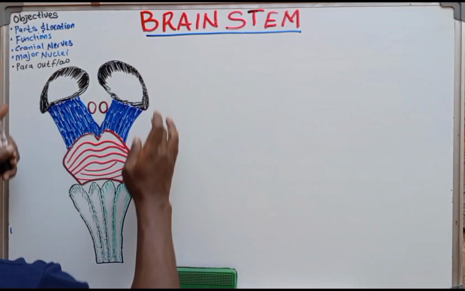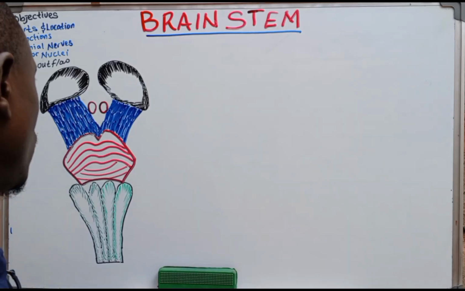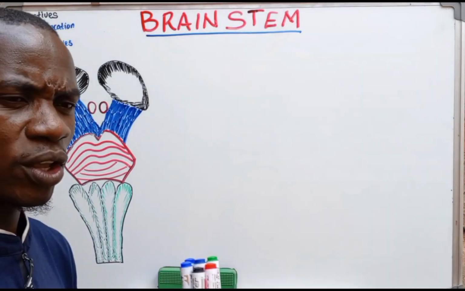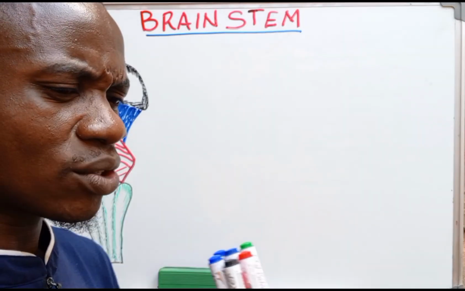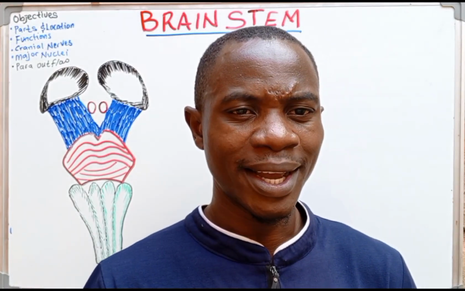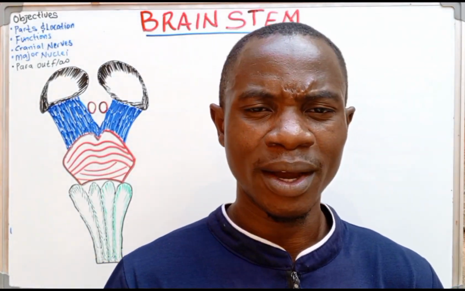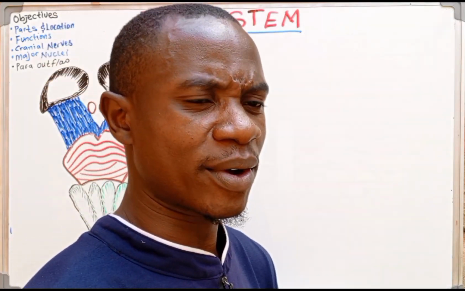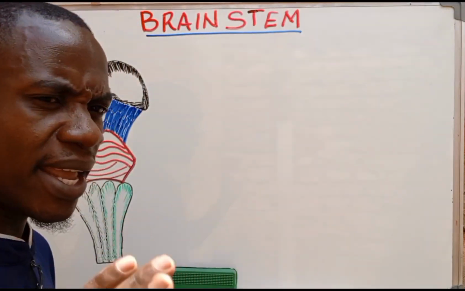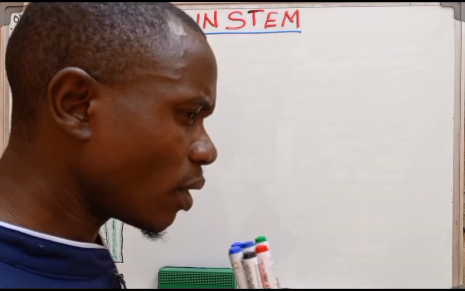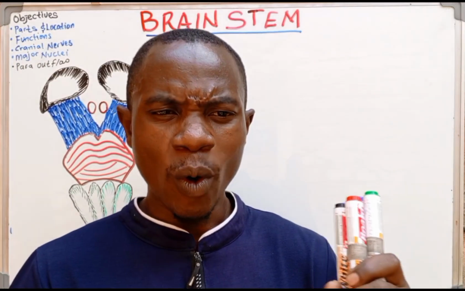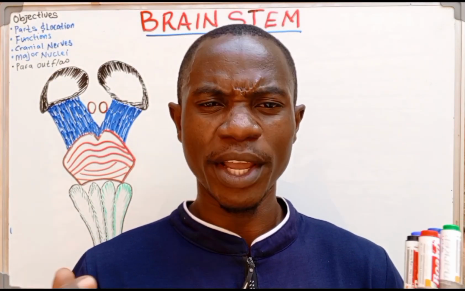So now, as you see, this structure which you are seeing here is showing you the brainstem, but it also has a very small portion that is part of what we call the diencephalon. But I'm going to be mainly focusing on the brainstem. So we need to ask ourselves, what are those parts that make up the brainstem?